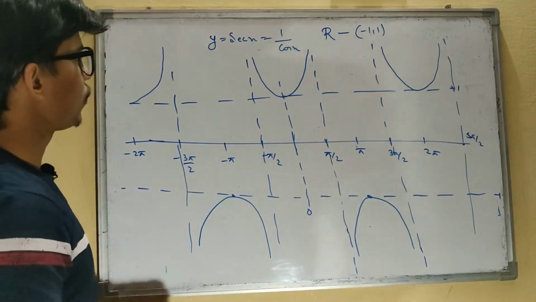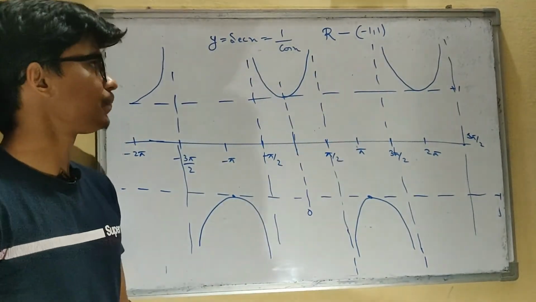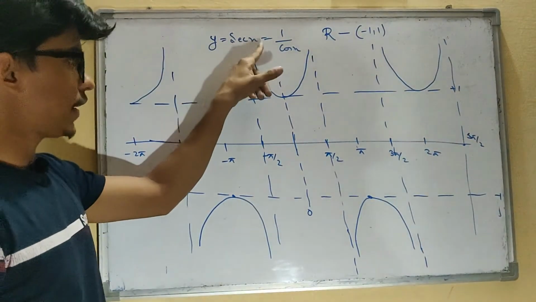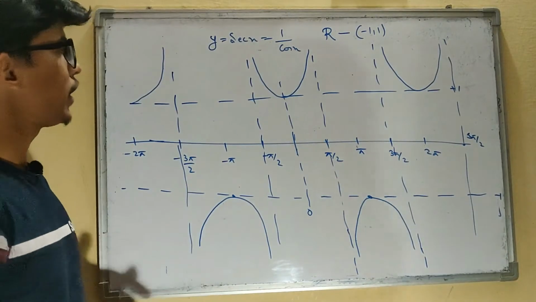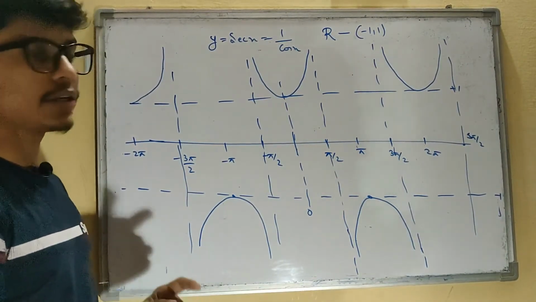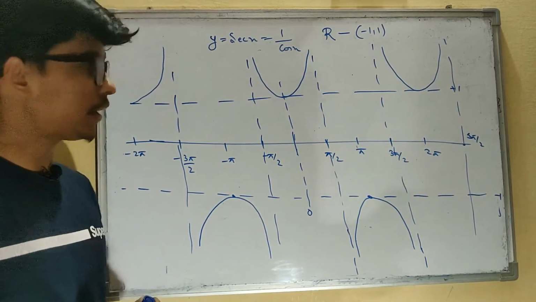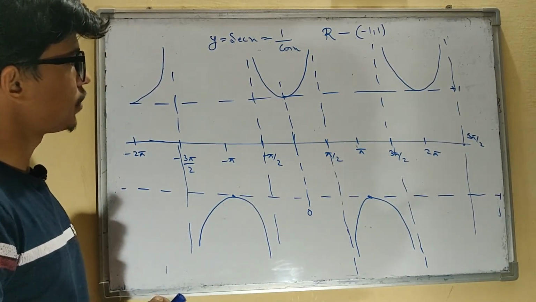Okay, so for y equals to sec x, I will draw it later on. Y equals to sec x is periodic, of period 2 pi, and what can you say, anything else about this?